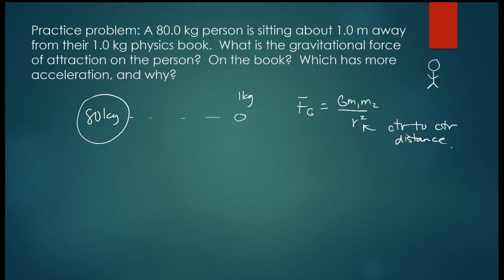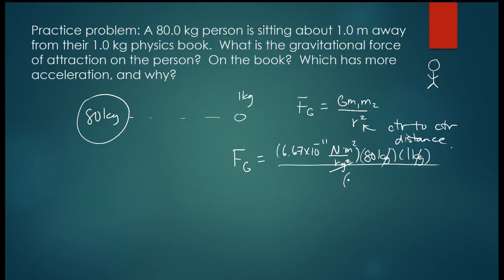We can set this up, and this force of gravity will be big G, which is 6.67 times 10 to the minus 11th newtons meters squared over kilograms squared. I'm going to write it this time just so you can see it, but in the future we won't write it. Then we have 80 kilograms and 1 kilogram, so those kilograms cancel.